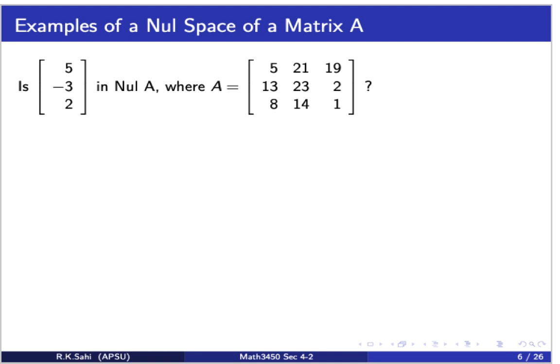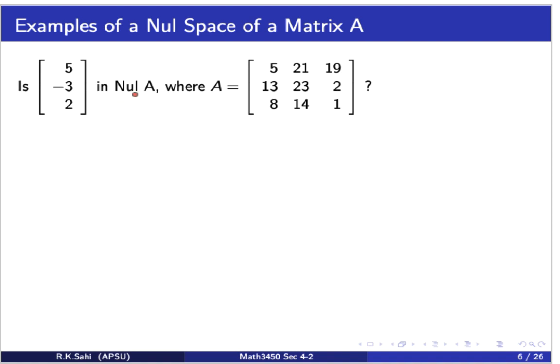First thing is, we want to prove, is the vector 5, minus 3 and 2 in the null space of A, where A is this matrix. Before we even start applying the condition, remember, we have to make sure that the element in null space actually is in Rn.